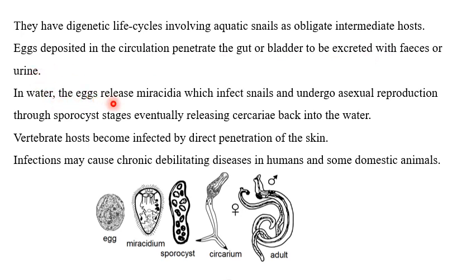In water, the eggs release miracidia, which infect snails and undergo asexual reproduction through sporocyst stages, eventually releasing cercaria back into the water. Vertebrate hosts become infected by direct penetration of the skin. Infections may cause chronic debilitating disease in humans and some domestic animals.